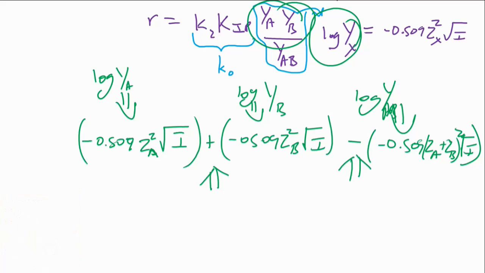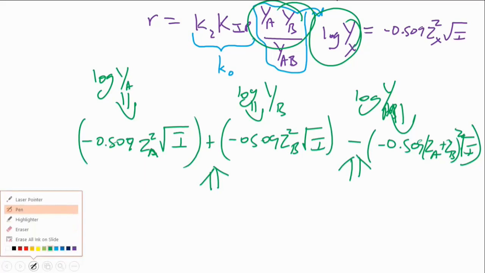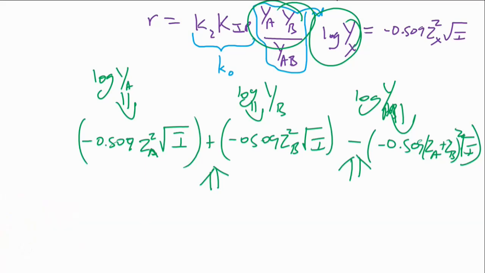Okay, now what is interesting is that there are some things which are common, which we can group. This part is common. This part here is also common. See? Common.